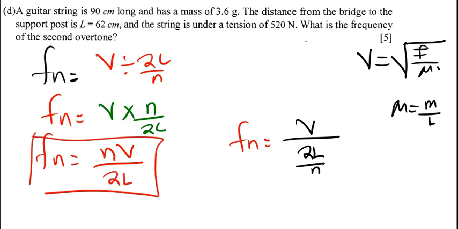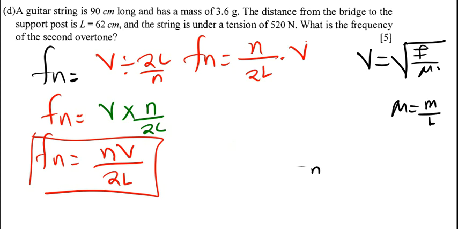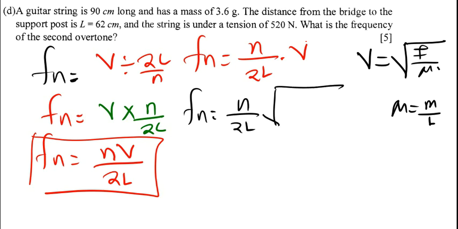V is given by the square root of the tension force divided by mu. I don't have V, but I have the tension force, and also the mass and the length of the string of the guitar. So I can say Fn is going to be n divided by 2L times V, where V is the square root of the tension force divided by mu.